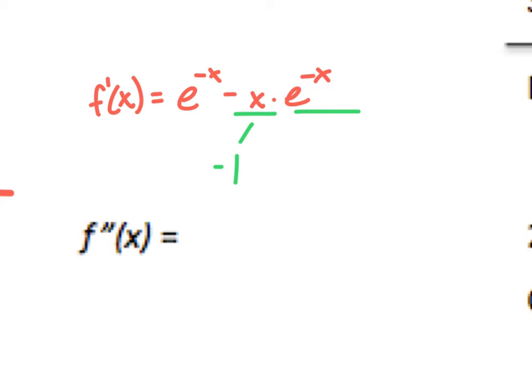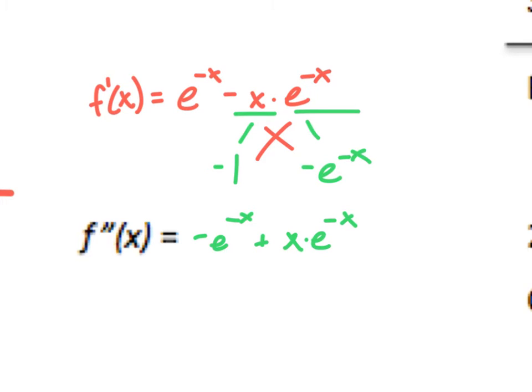So I've got negative 1, and then the derivative here is negative e to the negative x. And I'm going to cross multiply and add those together. So for my second derivative, I'm going to get negative e to the negative x, and that comes from up here. Okay, I have to take the derivative of that using the chain rule. And then I've got negative x times negative e to the negative x, so plus x times e to the negative x.